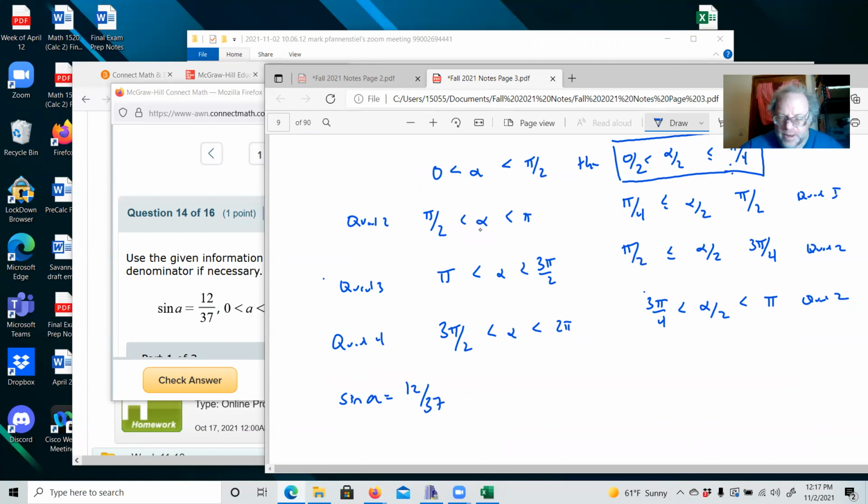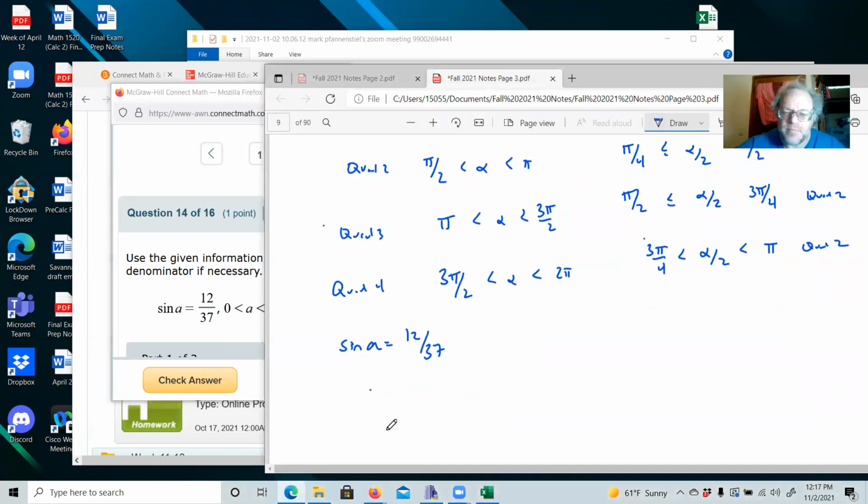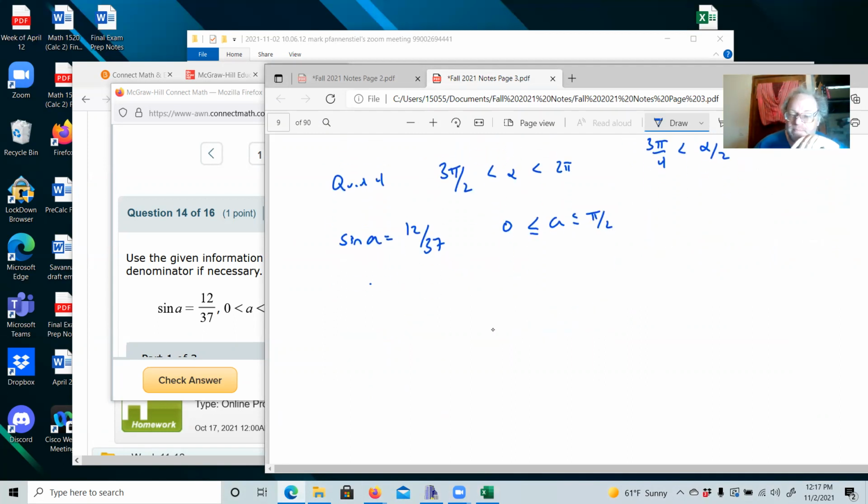And we know that A is in the first quadrant. That means A over 2 is also going to be in the first quadrant. So what we have here is we need a little triangle. Sine is 12 over 37.